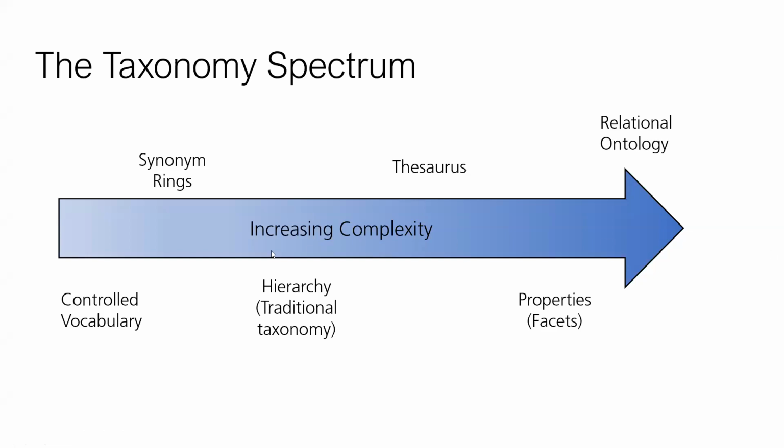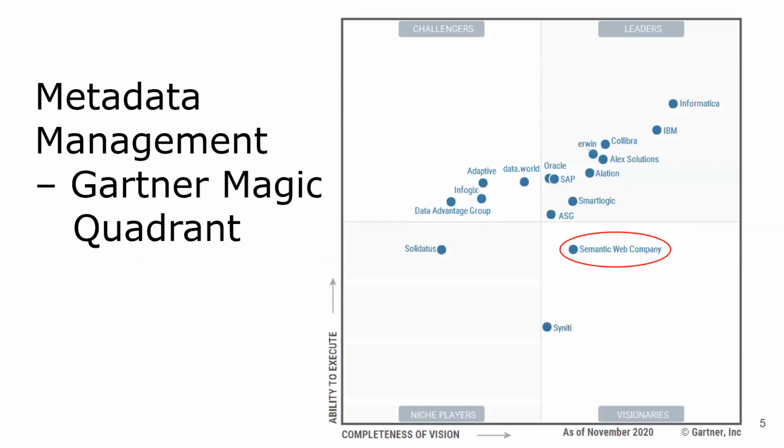In terms of the spectrum for a taxonomy, we're going from a controlled vocabulary right through to relational ontologies. But the first thing I thought I'd do is have a look at Gartner's magic quadrant for metadata management.